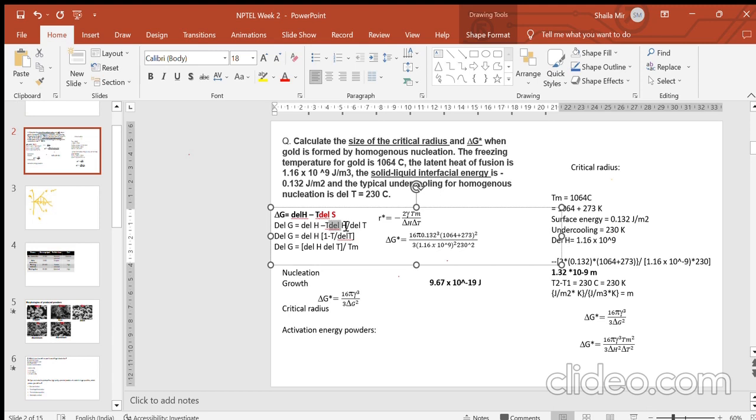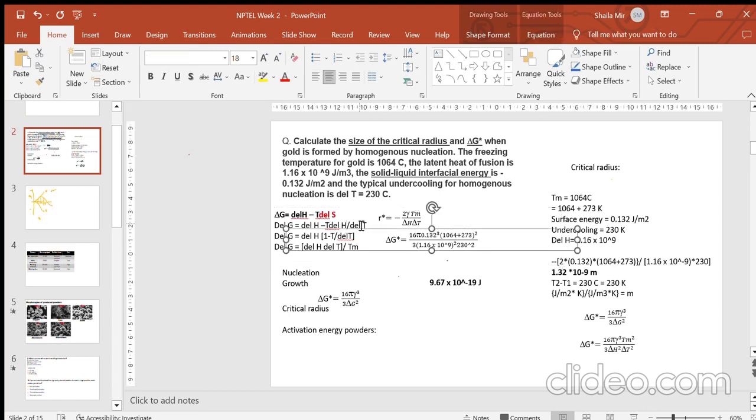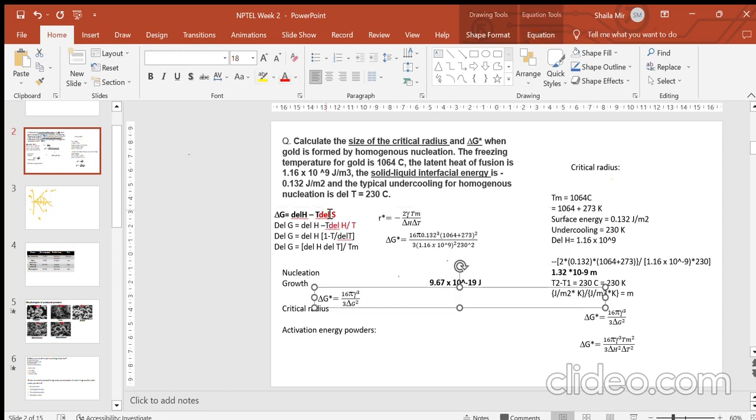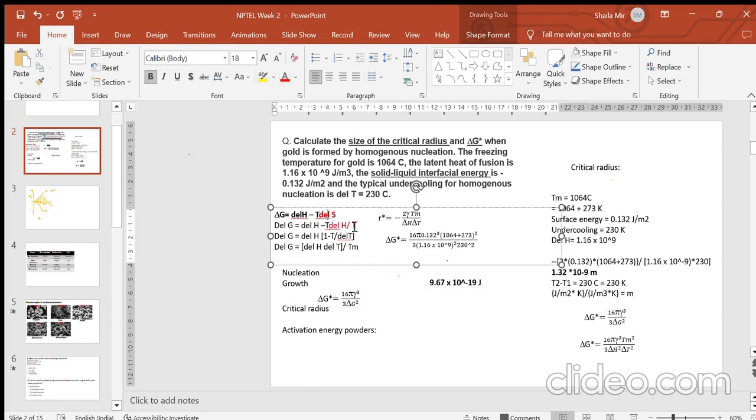So delta S will be delta H divided by the absolute temperature, T. We have replaced delta S by delta H by T.